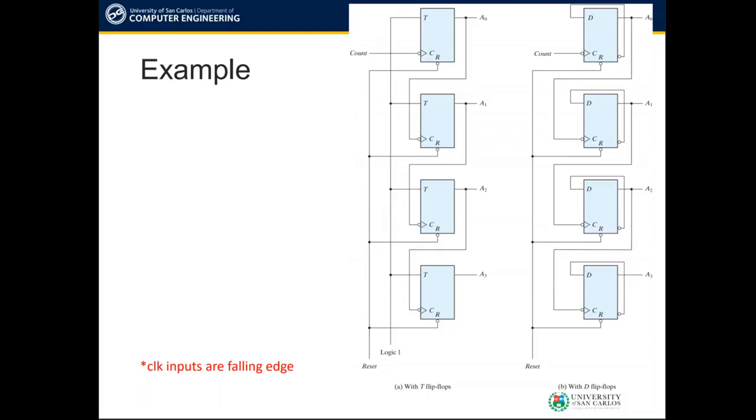In this case, it uses the Q bar, or the inverted output of your flip-flops, as the input for your next state. Every time it flips, that's your inverting property using the D flip-flop.